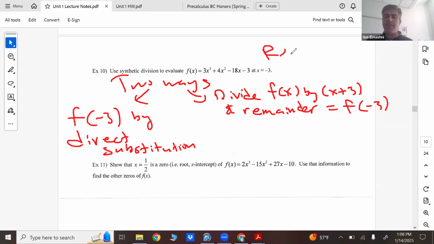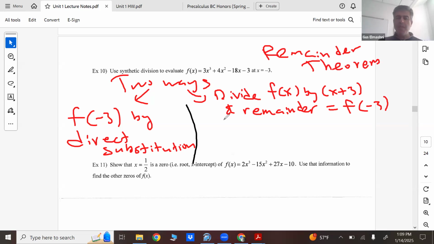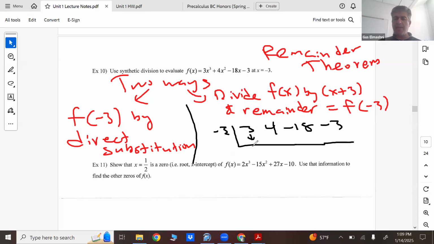That right there, guys, is the remainder theorem. That second way. So let's do it. I'm going to do it the second way. I'll do synthetic, just because in this case synthetic's probably a little faster. So put -3 on the outside, and you kickstart by bringing the 3 down, multiply, add, and rinse and repeat.